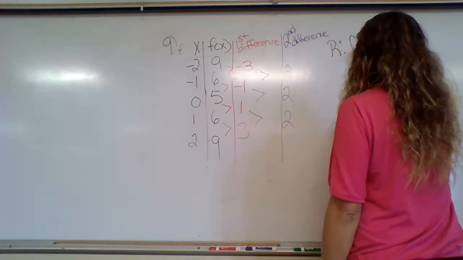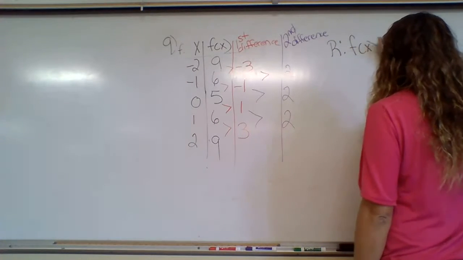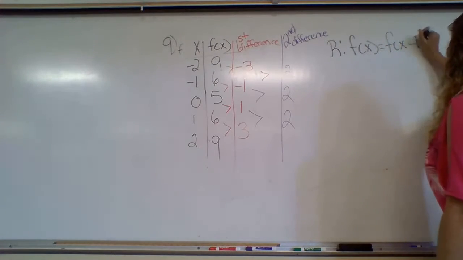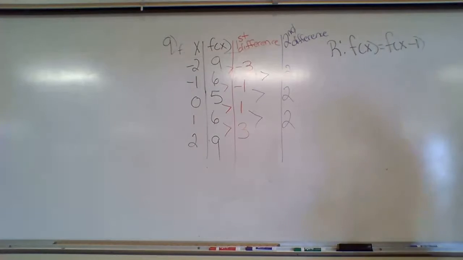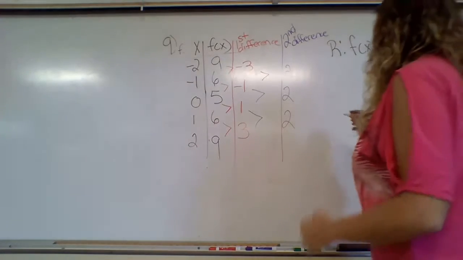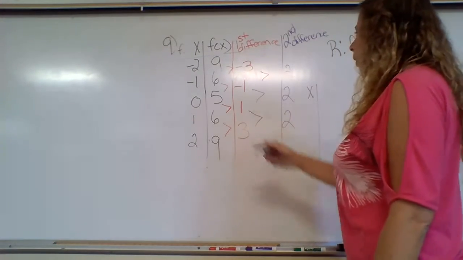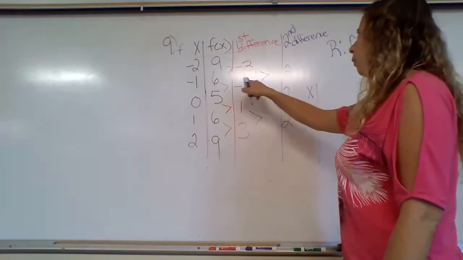I'm going to try to not write where the glare is. So f of x equals f of x minus 1, how we always start our recursives. Okay? But then it probably is helpful to make a table with your new, so now your new table is going to be your x values and your first difference numbers.